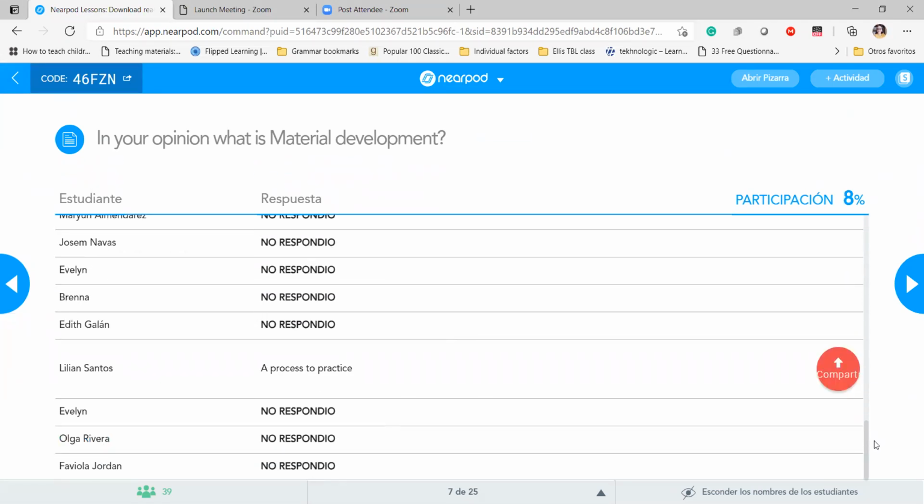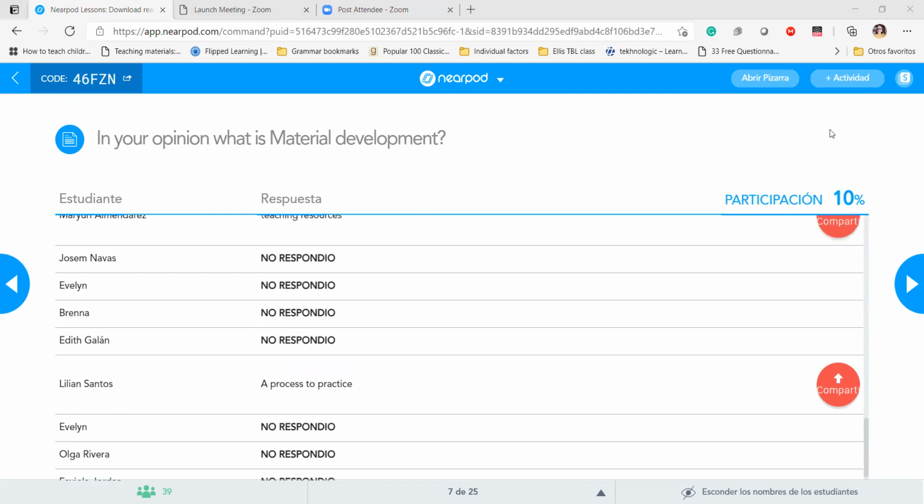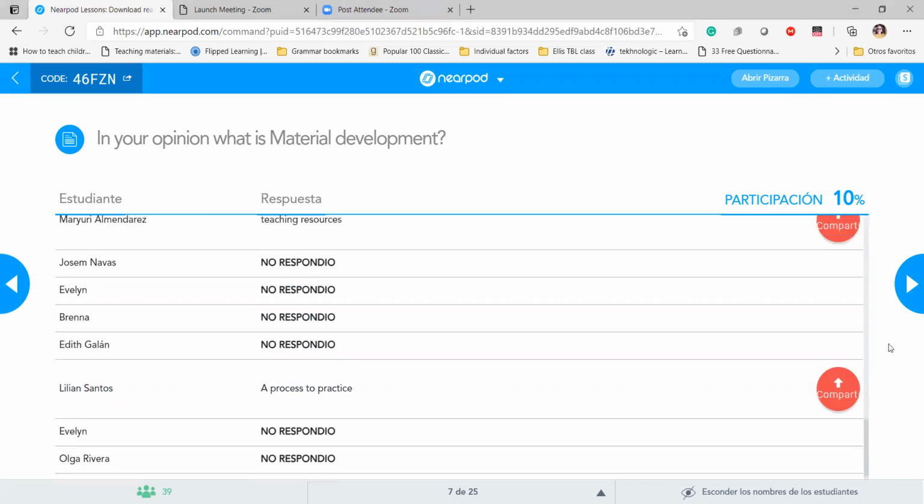Very good. Okay, I'm going to read the ones in the chat. Bessie says it is to create materials. Itzvan says tools or ways to share something specific.